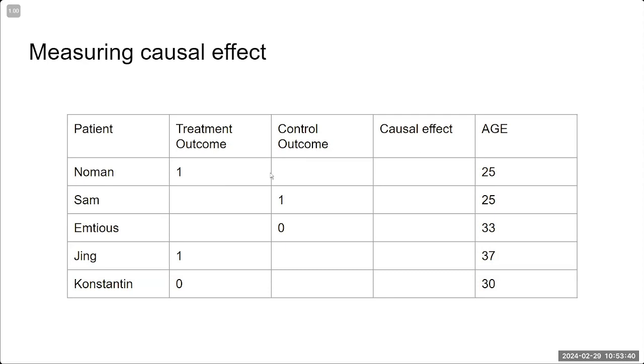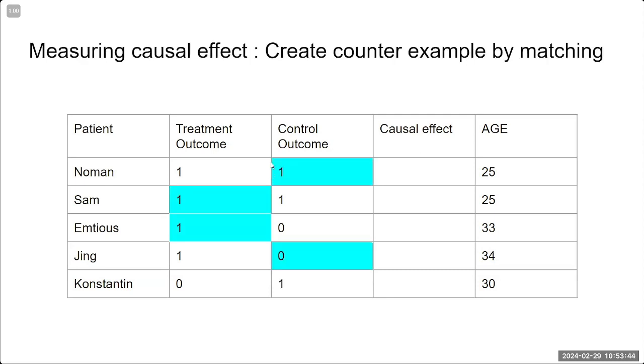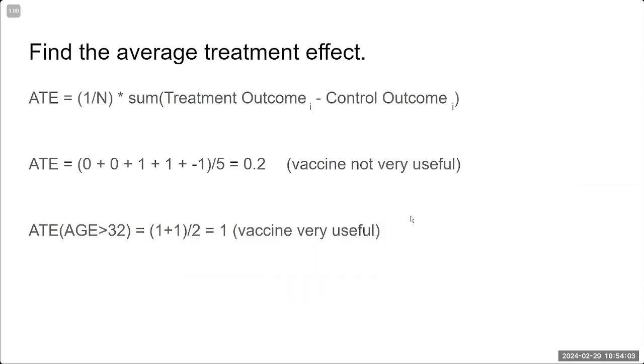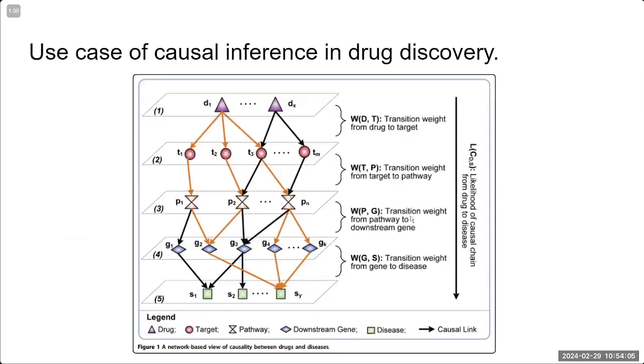That way we can find the counter examples for each of the observations and populate the blank column, shown in cyan here. After we populate them with some machine learning algorithm or some other model or matching algorithm, we can get this causal effect. Makes sense. Thank you.